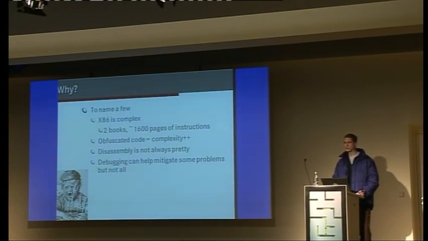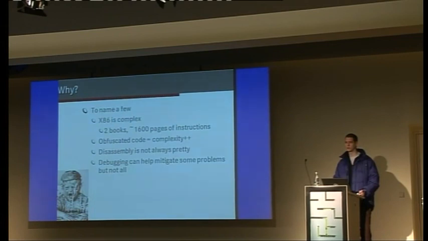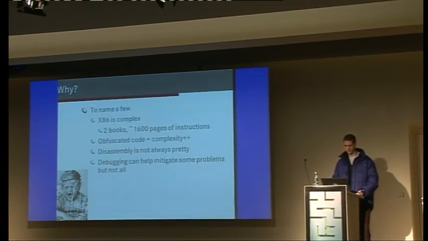When analyzing obfuscated code, the complexity grows. Analyzing traditional assembly code is difficult, and obfuscations just introduce unnecessary problems. Assembly reading is not always pretty. When you introduce obfuscations, your code becomes highly unreadable.